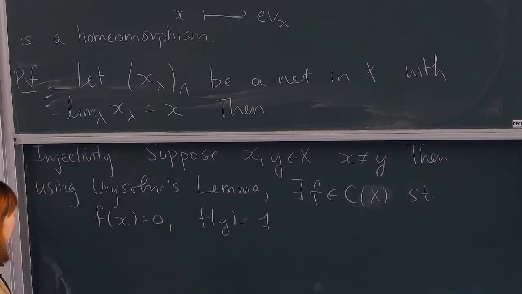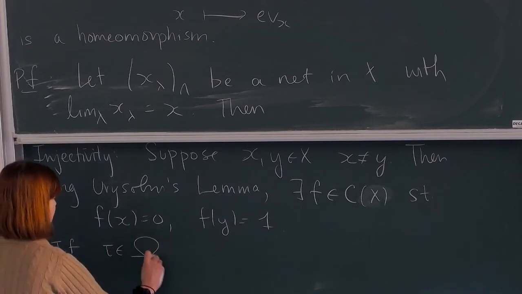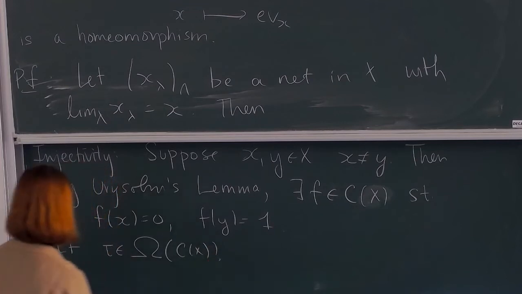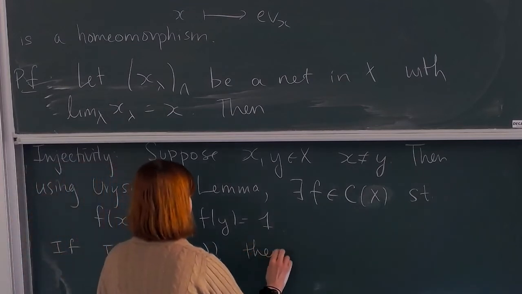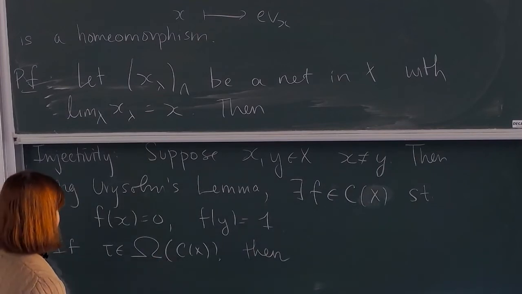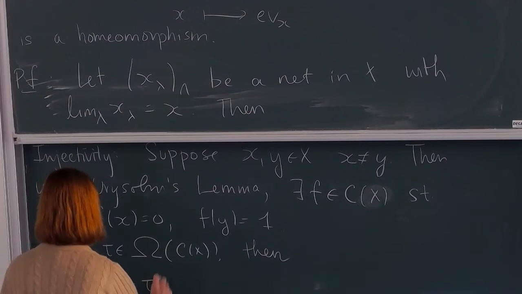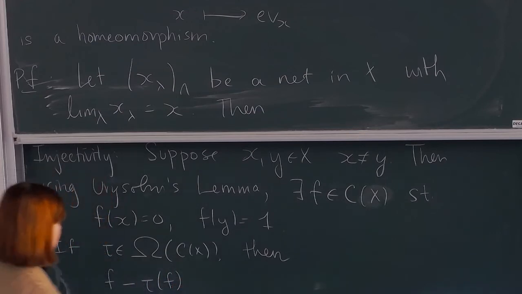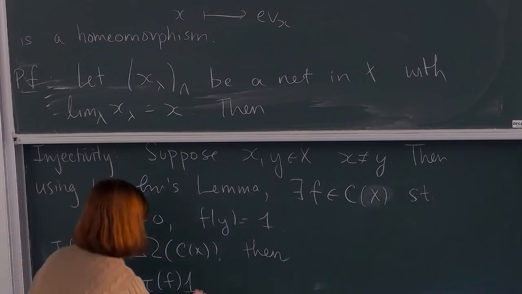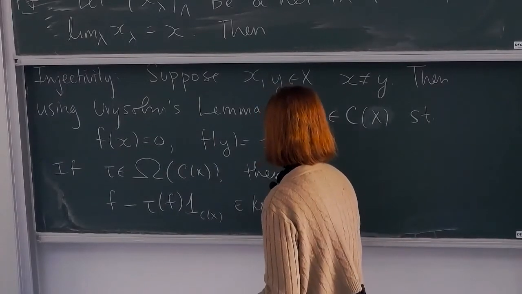Okay, now if we take a character tau in our character space, note that the function f minus tau of f times 1 is obviously going to be in the kernel of tau.